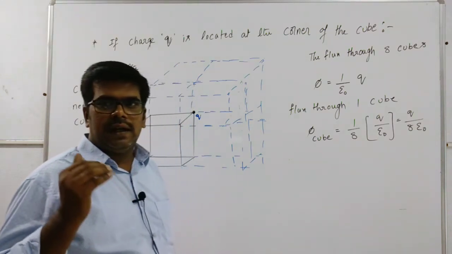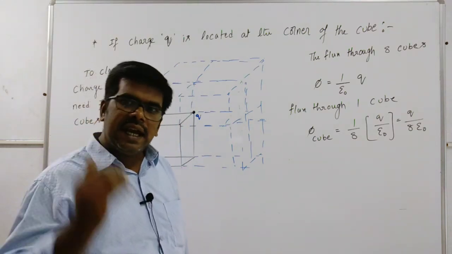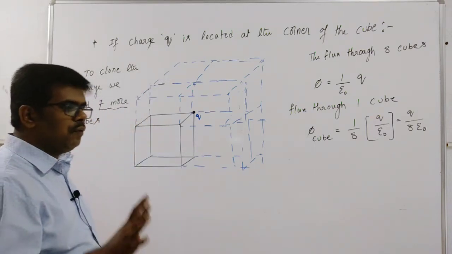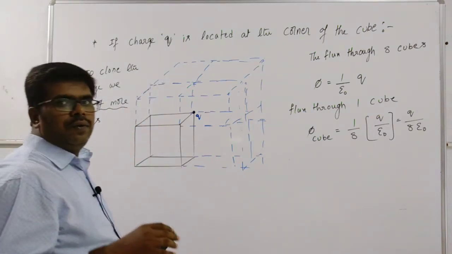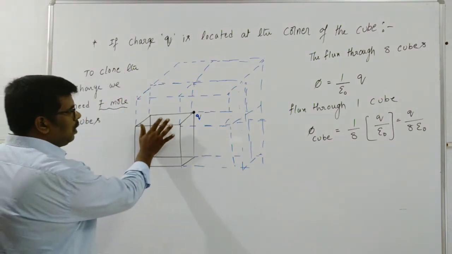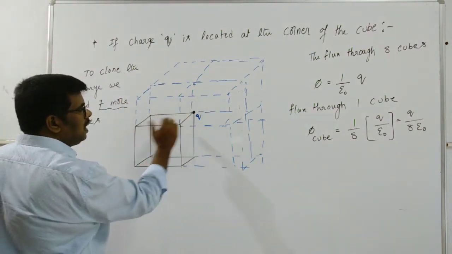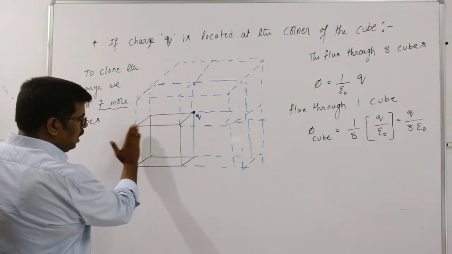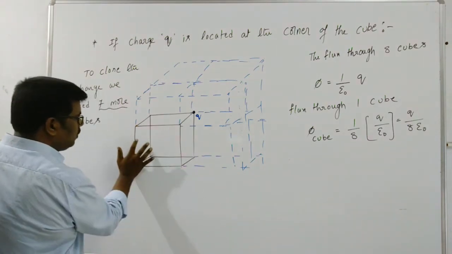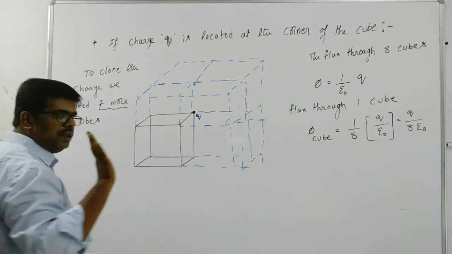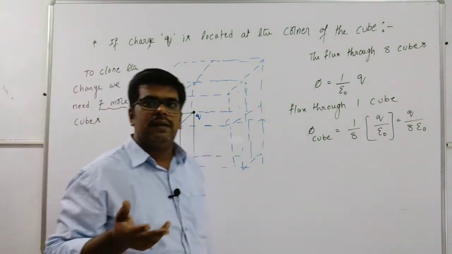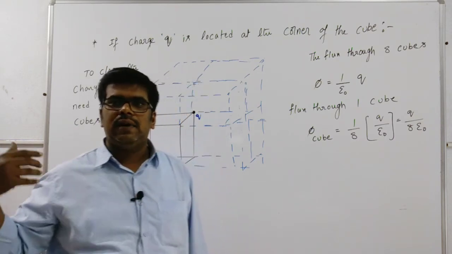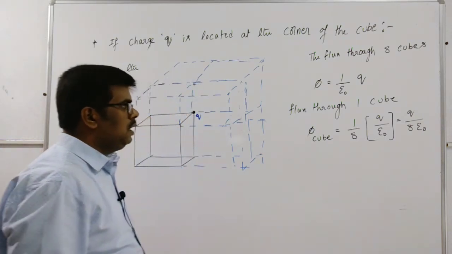We need to consider the faces which can be seen. The back side one will be shared with the other rooms. Only the visible ones: the front one, left one and bottom one, 1, 2, 3. Only 3 faces can be seen. So through these 3 faces only the flux will emanate outwards.